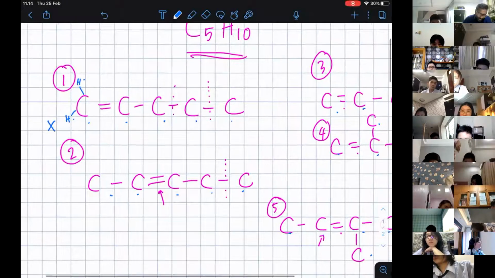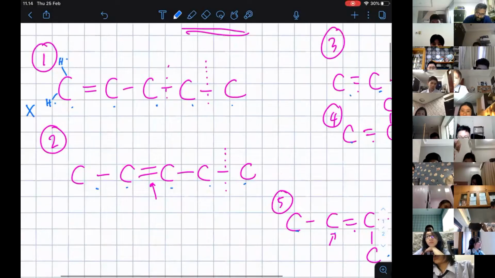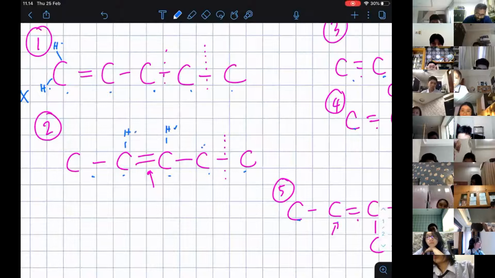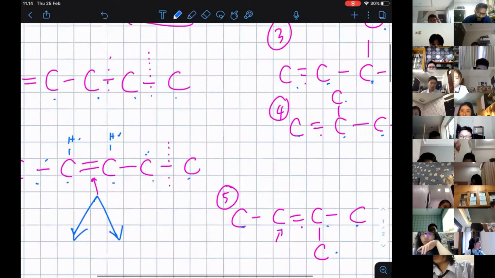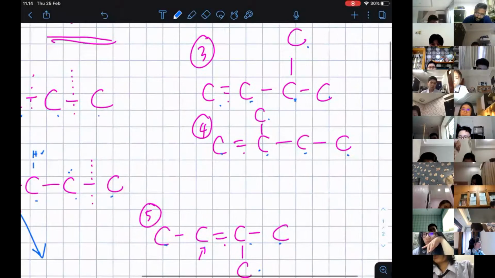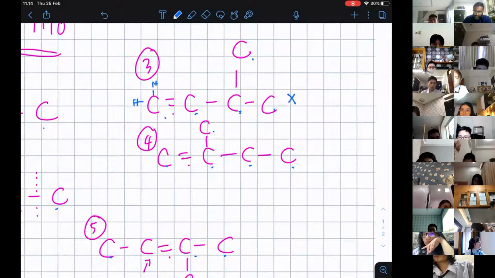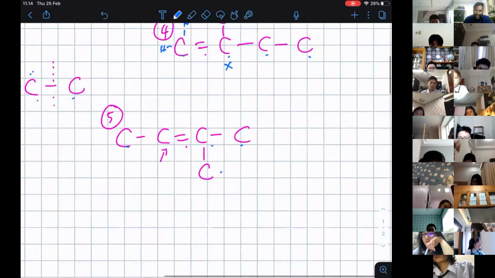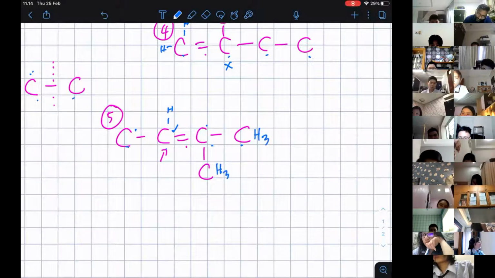How about this? H and then H, different group, different group. They have cis and trans. How about here? H, H, don't have cis and trans. H, H, don't have cis and trans. How about here? H, CH3. This carbon is okay. But this carbon, CH3, CH3, same.